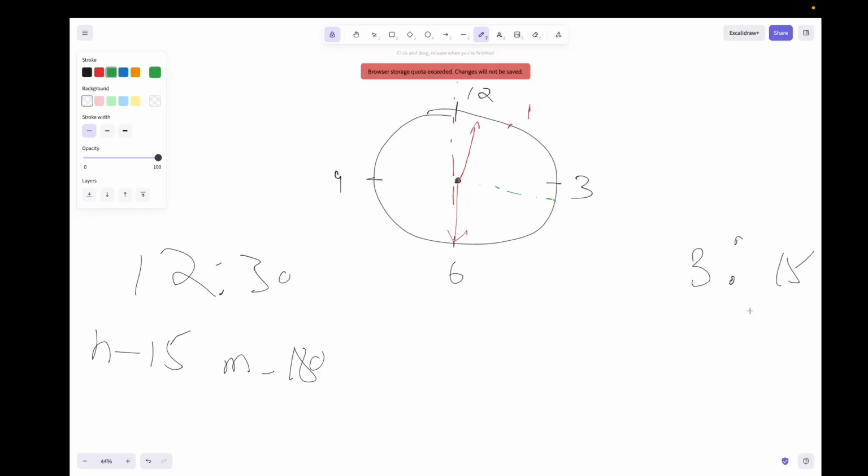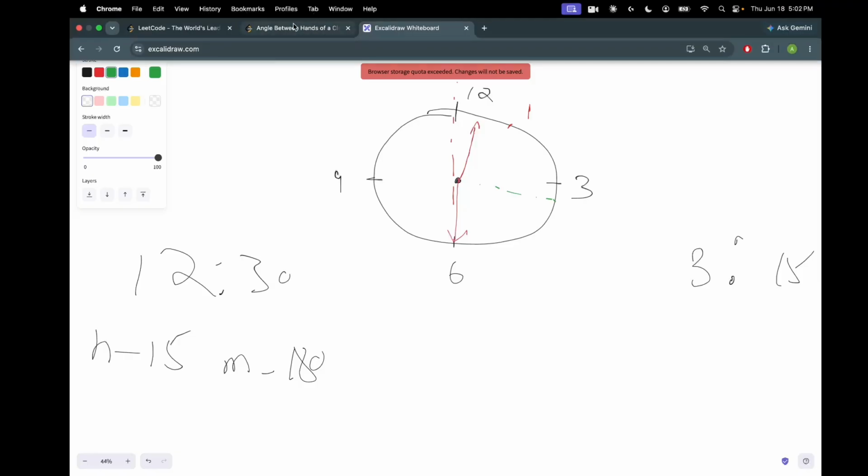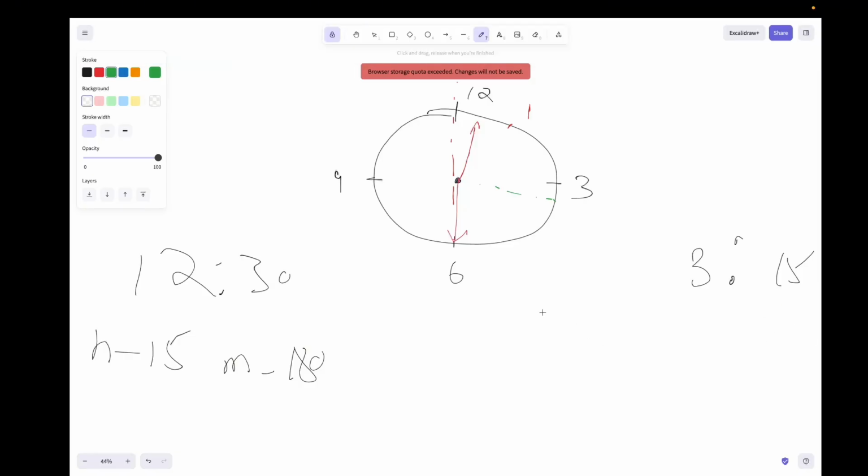So for the minute hand I take the respective value, and for the hour hand, the degree changes from here, that would be half of 15, that's 7.5, right?